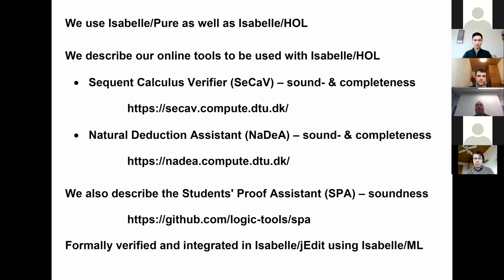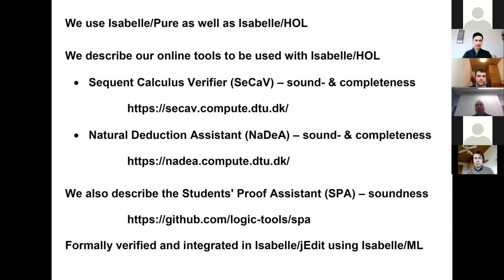I should also say we have quite a number of other tools. For instance, we also have the students' proof assistant. That's another 5,000 lines of Isabelle and actually ML code. For that particular system, we are focusing only on soundness, but that we have also in Isabelle.